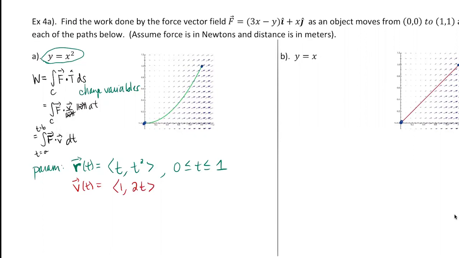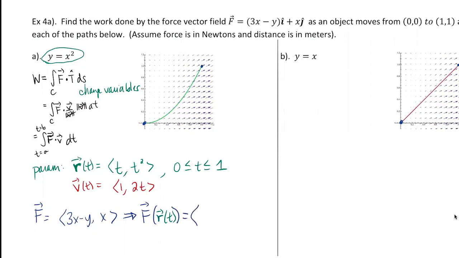And I'm going to also use that to help me simplify what F is. So F, my force field, starting out, is <3x minus y, x>. And so if I'd like to rewrite that in terms of time, then I'm going to write that as F of r of t.